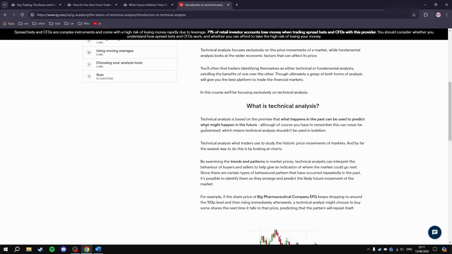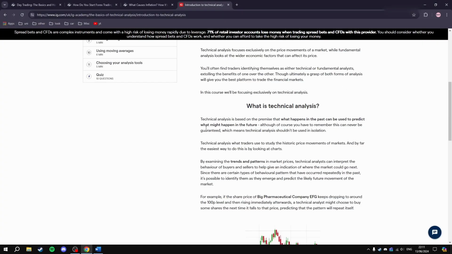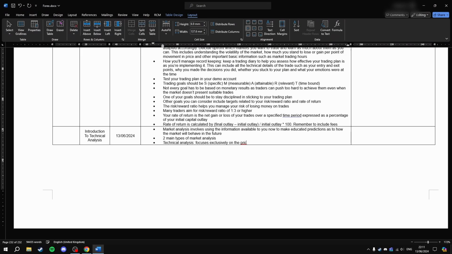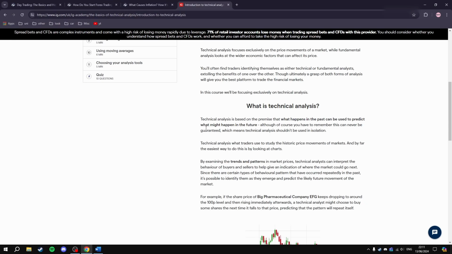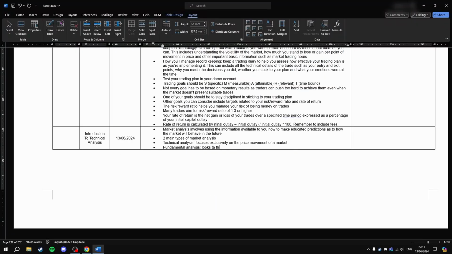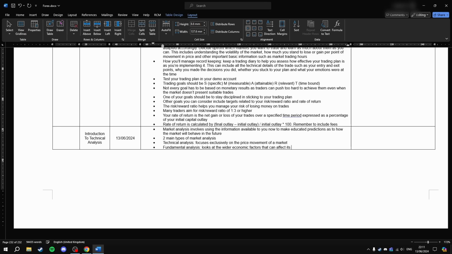Technical analysis focuses exclusively on the price movements of a market, while fundamental analysis looks at the wider economic factors that can affect its price.